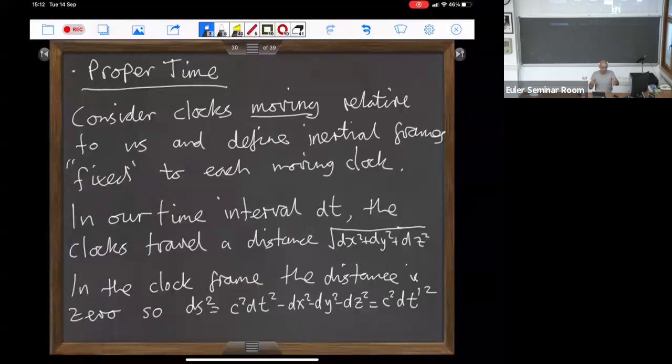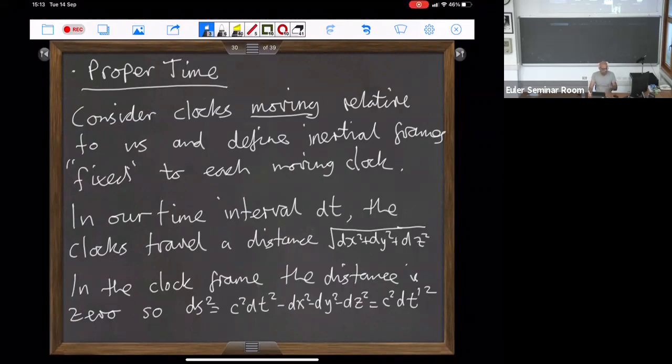And so if you've got different clocks in relative uniform motion, then you get natural inertial reference frames for each such clock. So if we're considering clocks moving relative to us, in our time interval dt, the clocks will travel some distance, which would be the square root of dx squared plus dy squared plus dz squared.